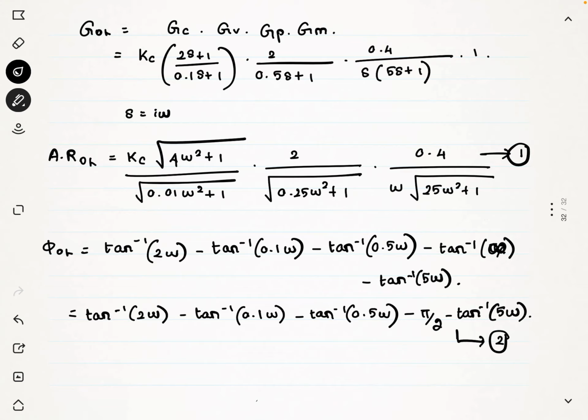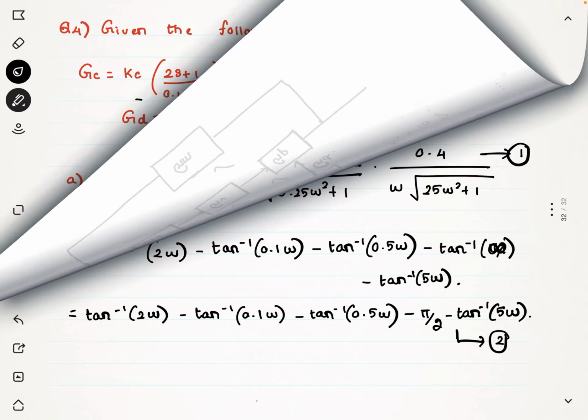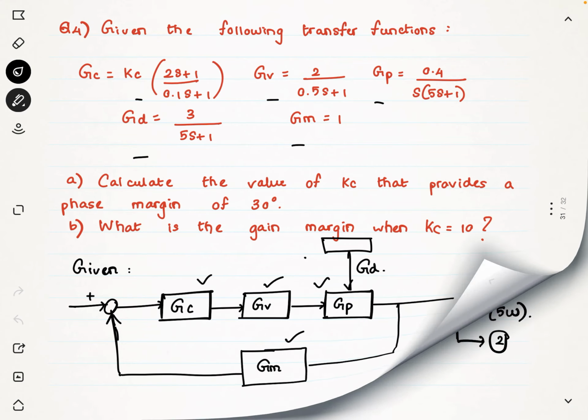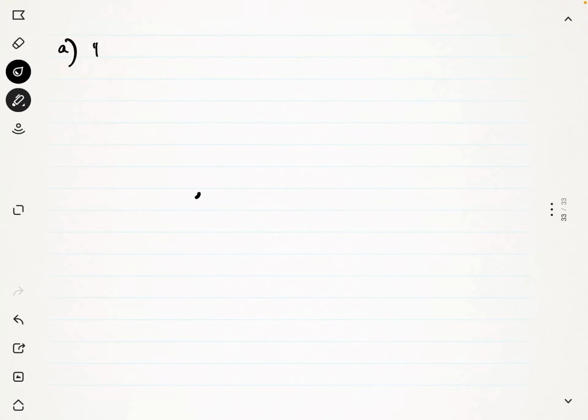Now we'll use all the information which we have been given in the question to compute the unknown parameters. So in subdivision A, we have been asked to calculate the value of Kc that provides a phase margin of 30 degrees. So let's start with the phase margin equal to 30 degrees. We know that phase margin is equal to the phase angle at the gain crossover frequency minus 180 degrees.